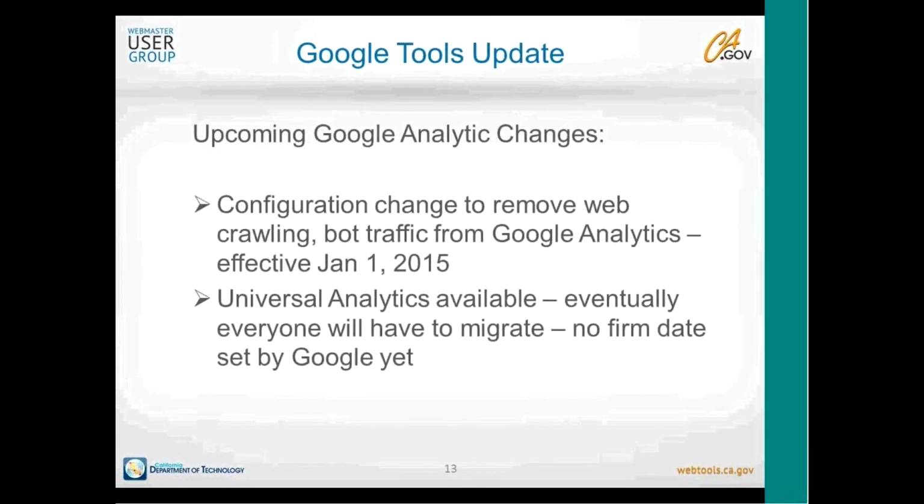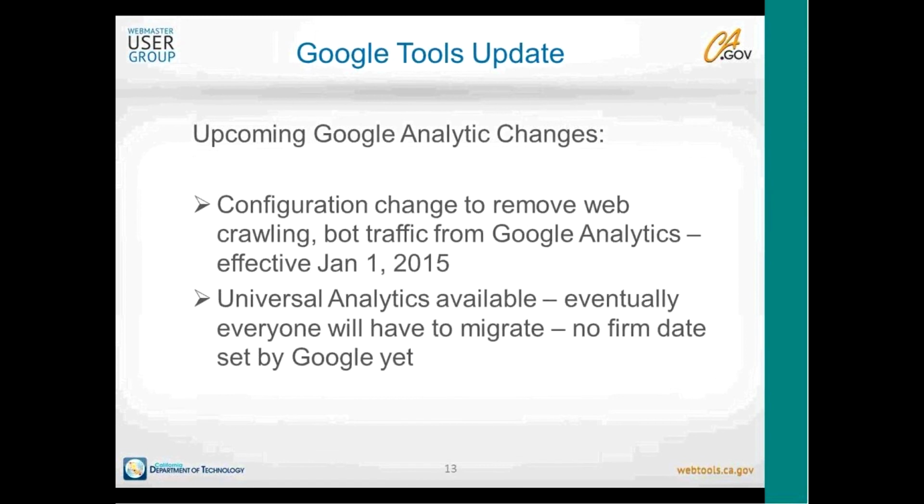Okay, on to another subject. Upcoming Google Analytics changes. I told you there's a mixed bag of things. There is a capability Google recently released for Google Analytics that allows us to filter out crawling or bot traffic that's coming to your site. That type of traffic has in the past been inflating the analytics on your site.